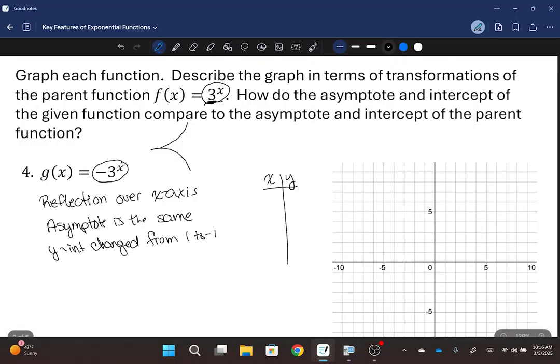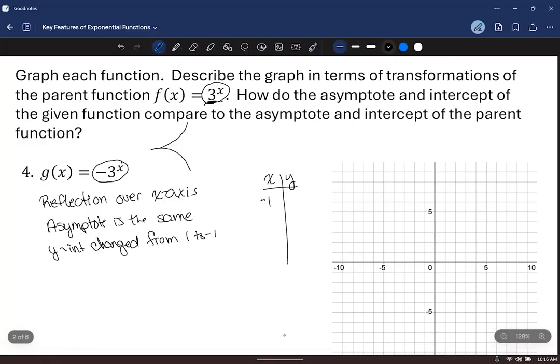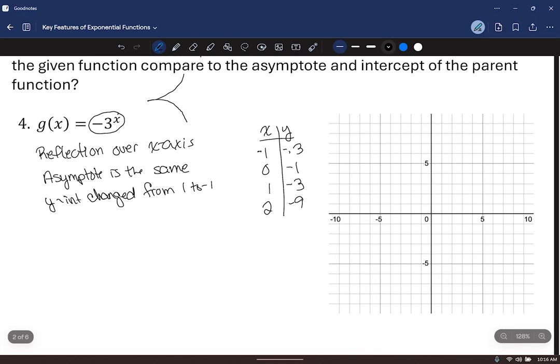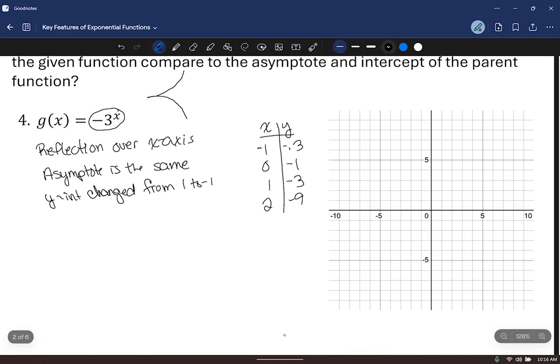So I have -1, -0.3, 0, -1, 1, -3, and 2, -9. And we are just going to graph those points over here.